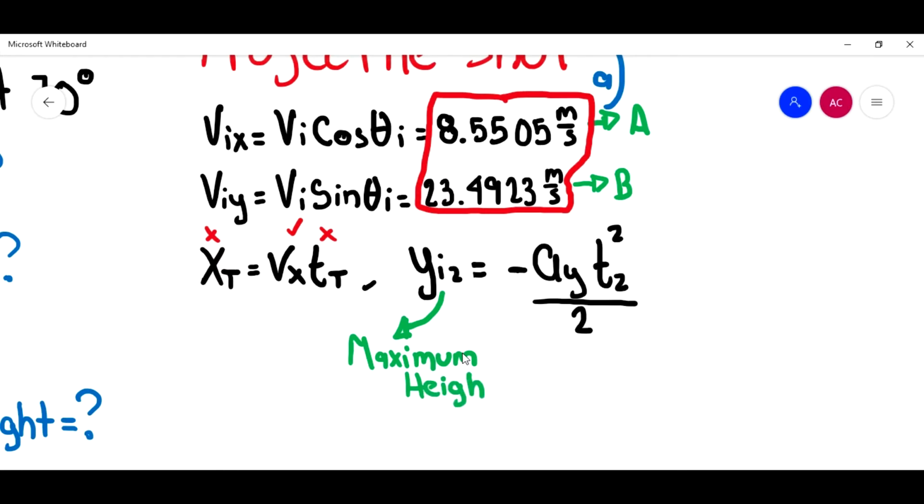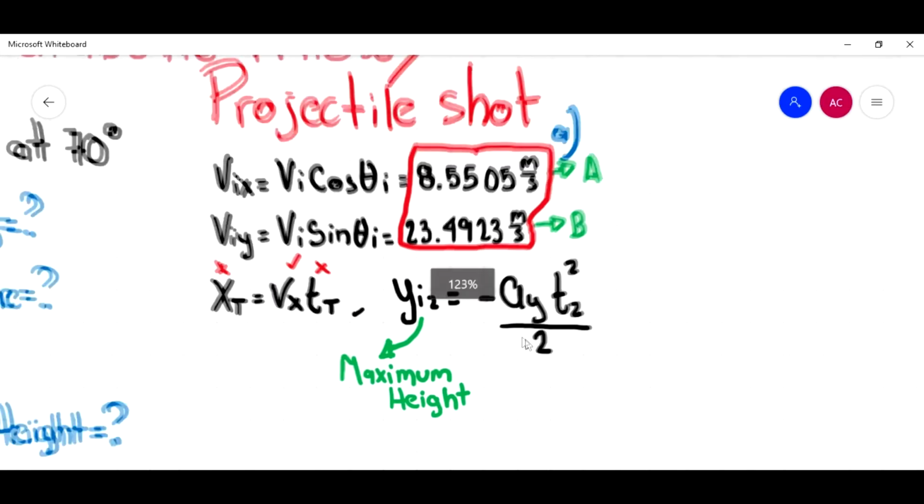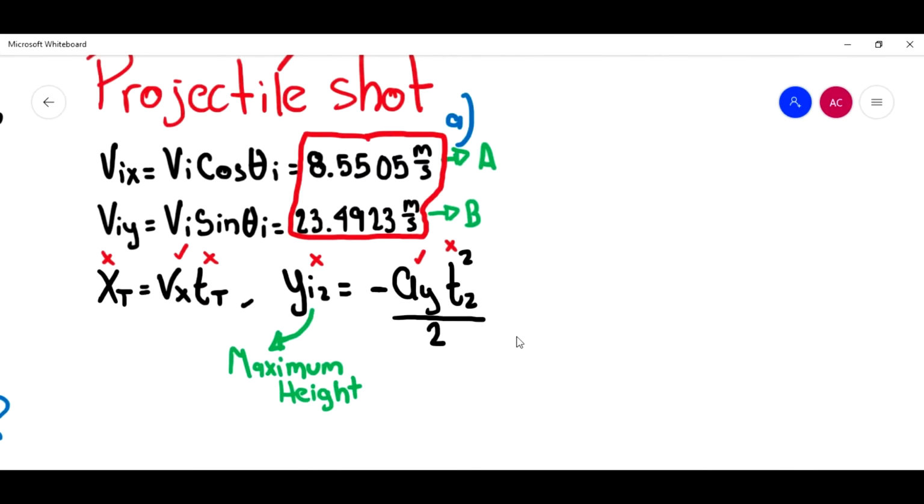Okay, from that equation, do I have maximum height? No. Do I have acceleration in y? Yes, that's the value of gravity. Do I have time? No, I don't have time. So I cannot use that equation.